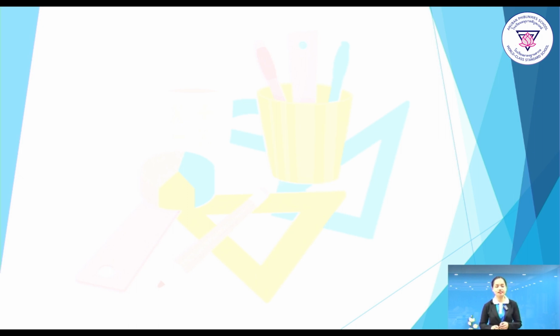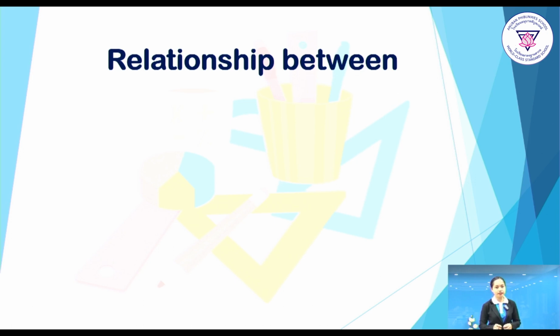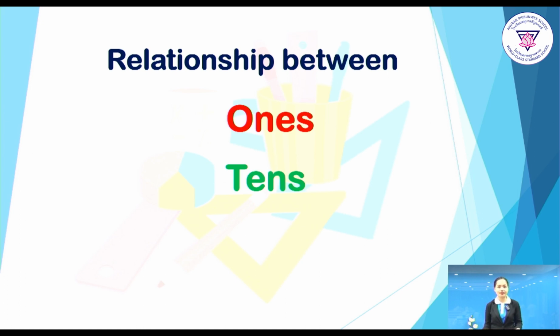The first one is the relationship between ones. The second one is tens. The third one is hundreds. And the last one is about thousands.